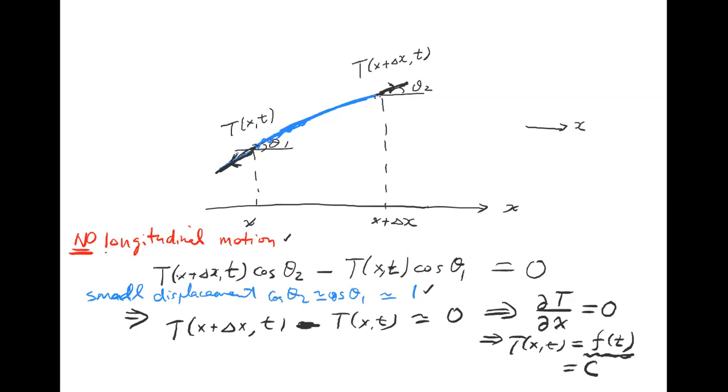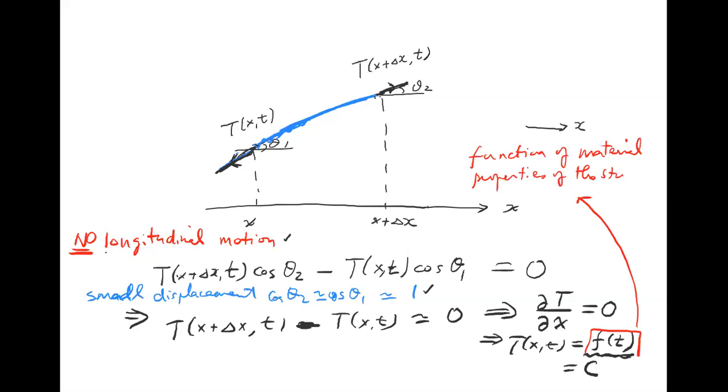Let me write it clearly here. This has to be only a function of material properties. If the string is given to you and there's no change, then it will be independent of time, unless you have a situation where the material properties change with time.